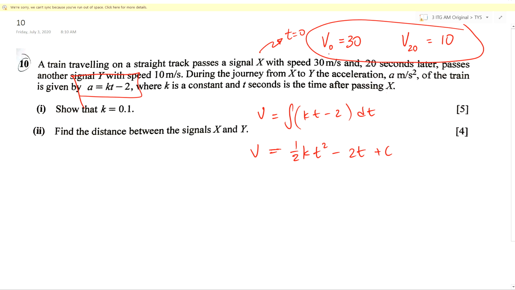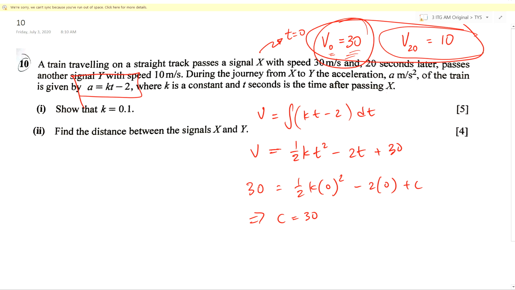They are telling you that when time equals 0, velocity is 30. What do you think the value of c is? 30. So 30 is supposed to be half k 0 squared minus 2 times 0 plus c. Therefore, c equals 30. Managed to get one unknown. Replace this with 30. So this one has served its purpose already.